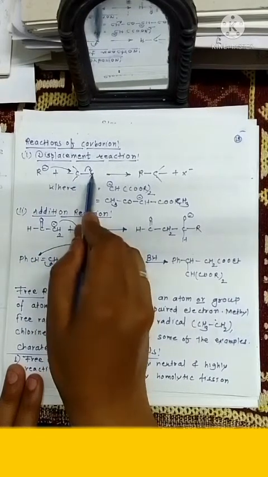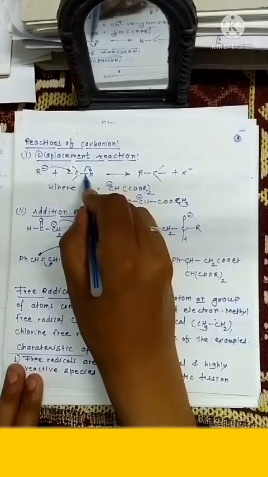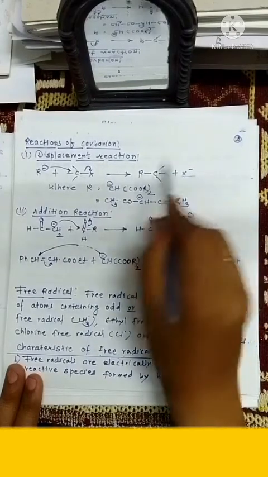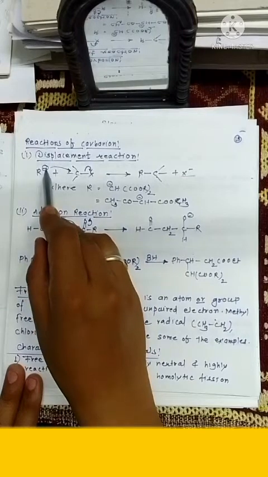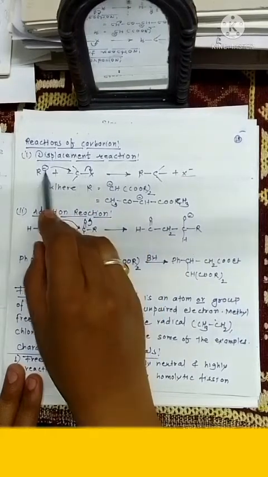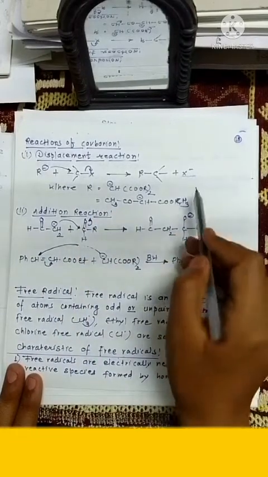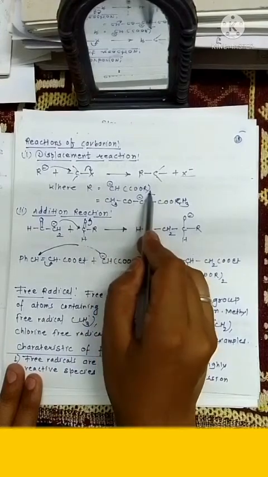Because of that, this X minus goes away. So in this reaction we simply say that R minus displaces, that is this carbanion displaces this halide, where R can be CH negative (COOR)2.